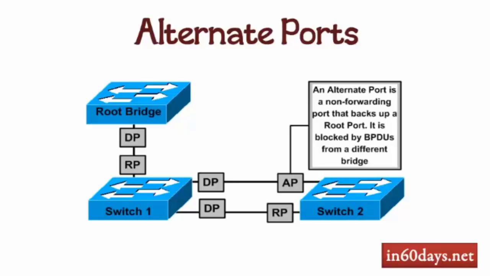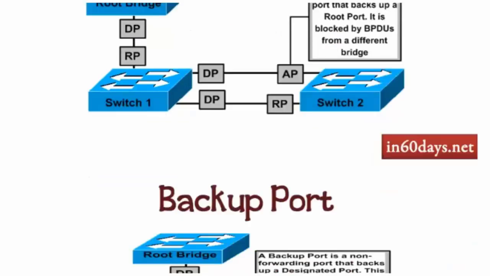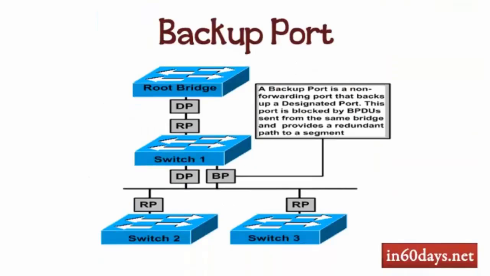The alternate port is a non-forwarding port that backs up the root port. The backup port is a non-forwarding port that backs up the designated port. This port is blocked by BPDUs sent from the same bridge, so it's providing a redundant path to a certain segment on the network.